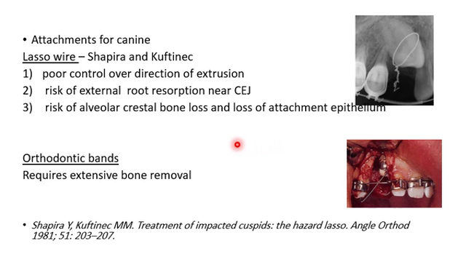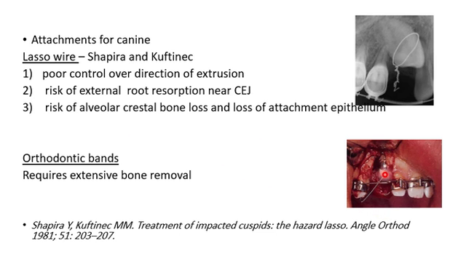The risks are external root resorption near the cementoenamel junction, risk of alveolar crest bone loss and loss of attachment epithelium. We will get apical migration of the junctional epithelium, which means that we will get an increase in clinical crown and complication of the periodontium.